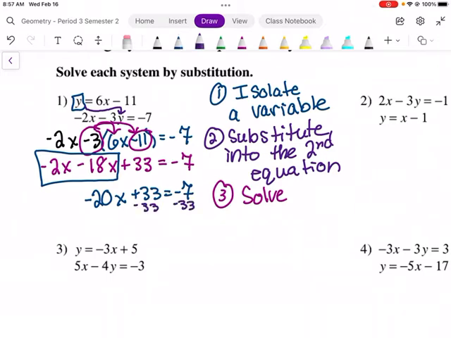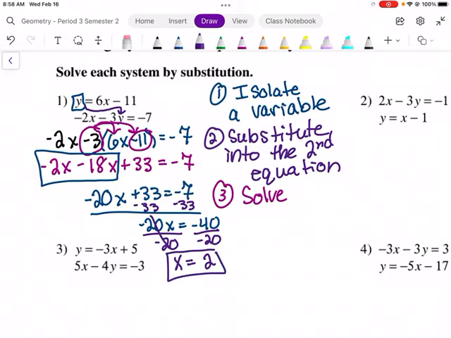Subtract 33. And we'll get negative 20x equals negative 40. Then we'll divide, and we will get x equals 2.